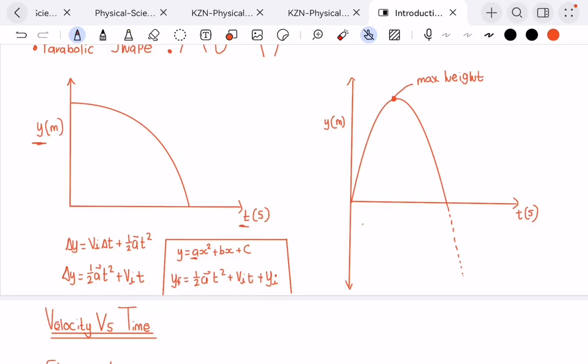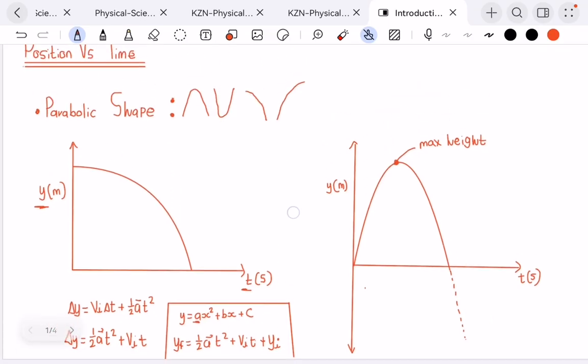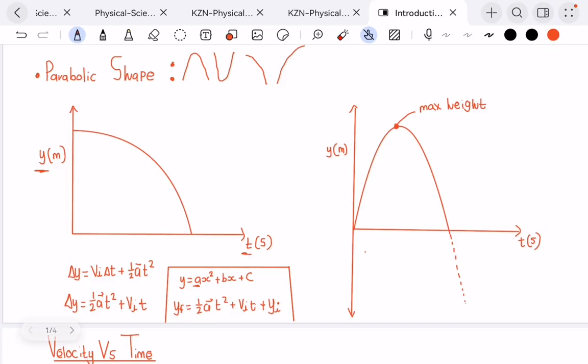There are certain things that you have to know about this, but there are not many. The one thing you have to know is that there are different shapes you can get, but they depend on your scenario, which I'm going to explain later. In the second scenario, you can see that this ball is going to reach a maximum height.